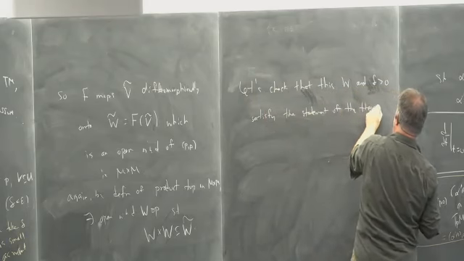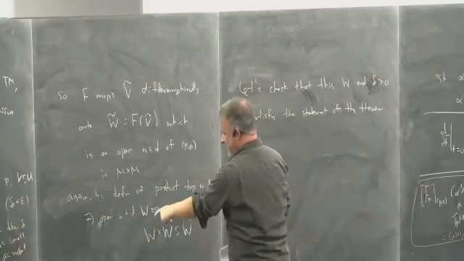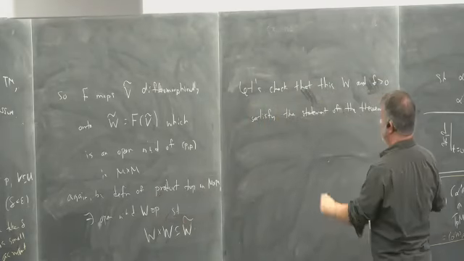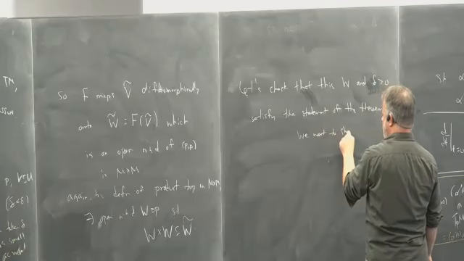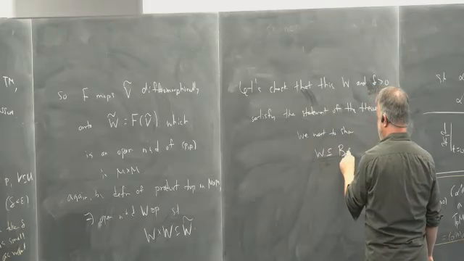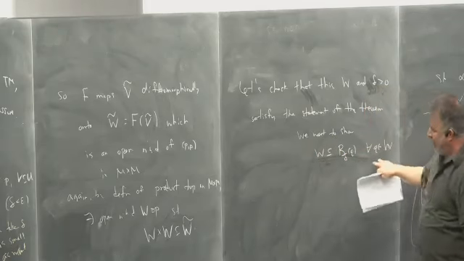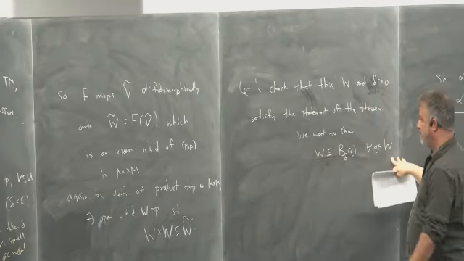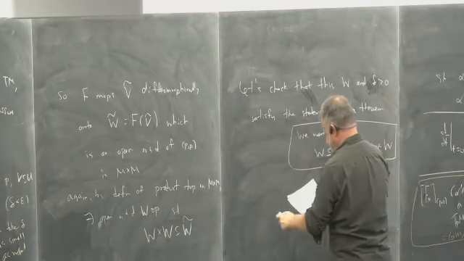So W is certainly an open neighborhood of p, and delta is a positive number. What we want to show is that W is contained in B delta of q for all q in W. Okay, that means it's a normal neighborhood of each of its points. That's what the theorem said. Okay, so let's see why this is true.